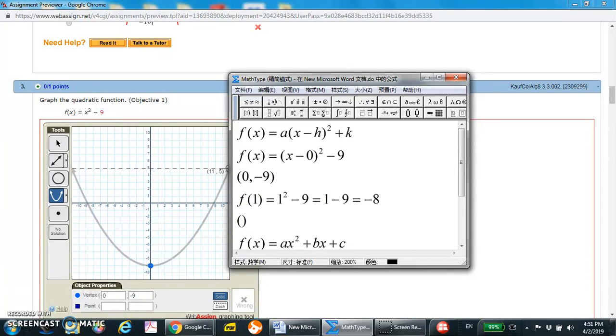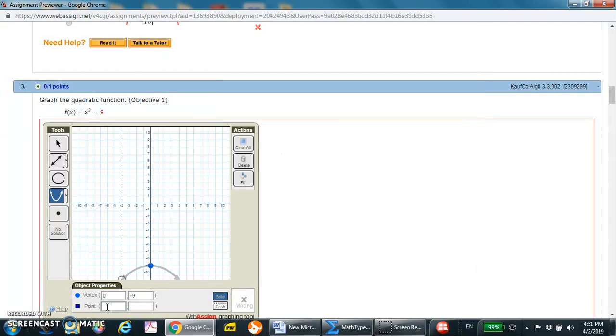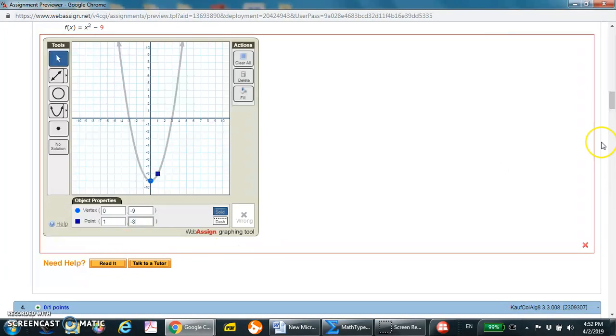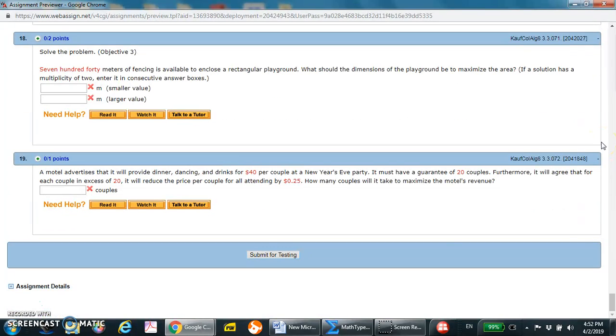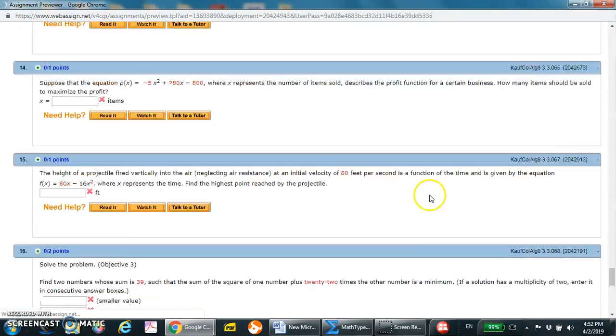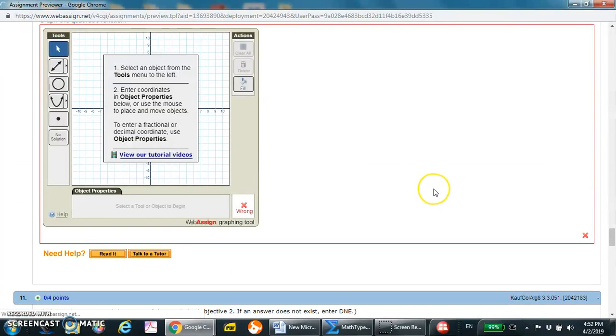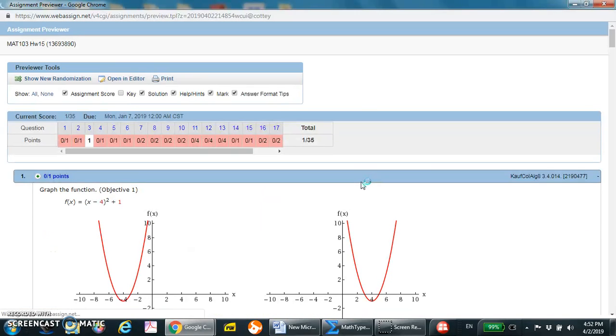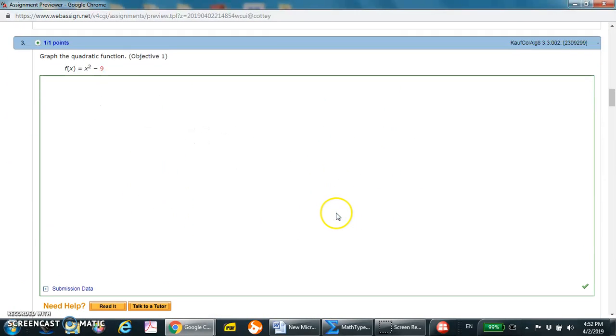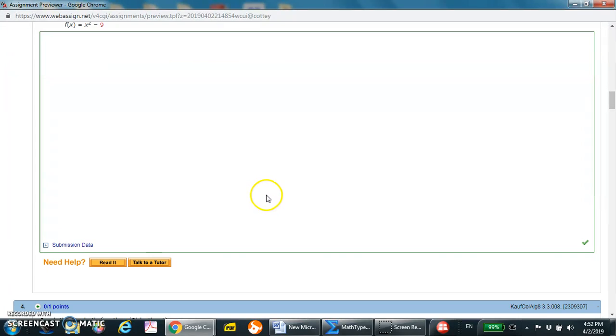So I found the second point, which is 1, negative 8. And if you submit your result, okay, now you will get it right.